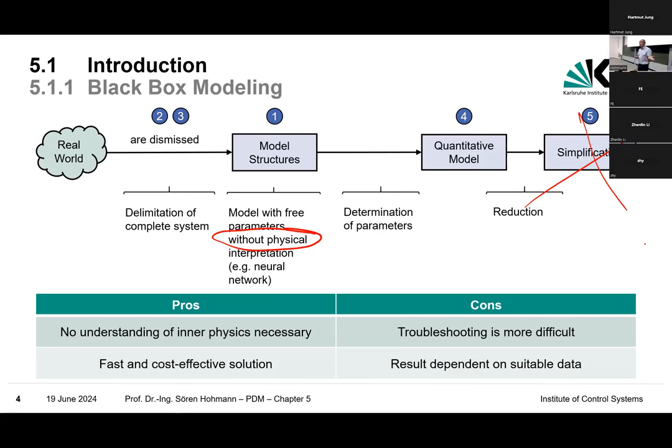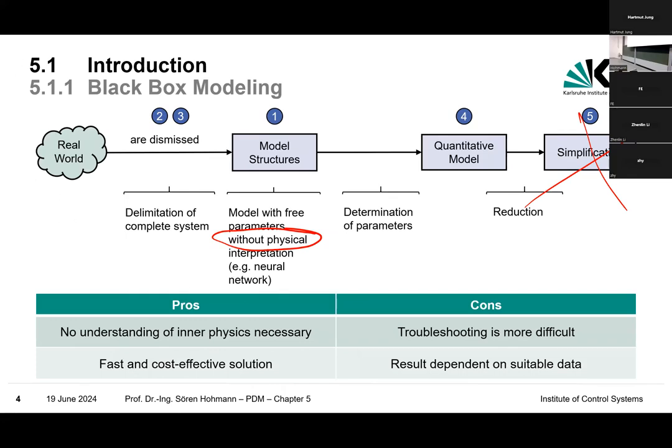So just to sum up what we did before, here are some pros and cons. Of course, the pro: no understanding of physics is necessary. This is a pro, but also a con. It depends on your situation, right? And that's my point. If you talk to data specialists, they always say data methods are the best.